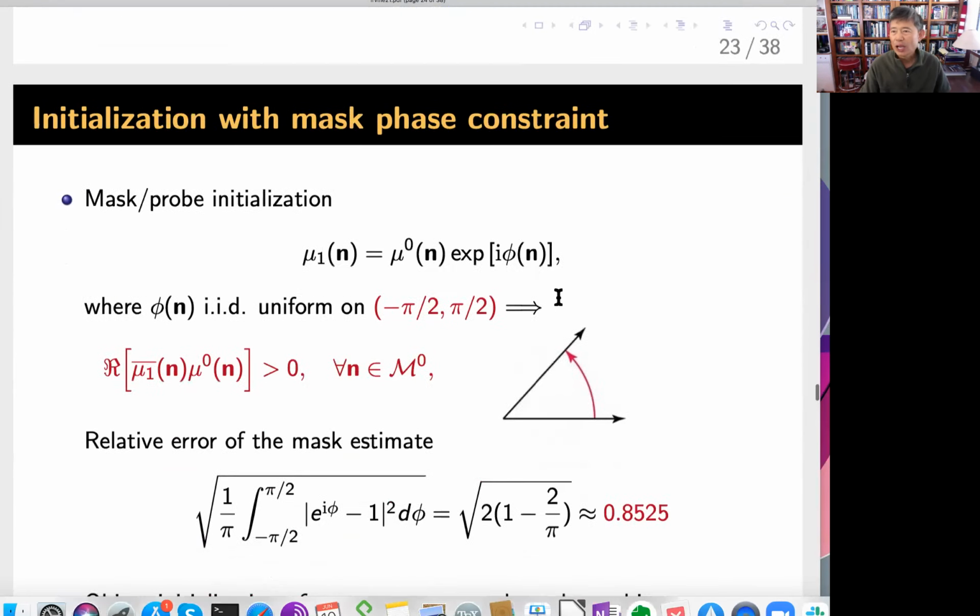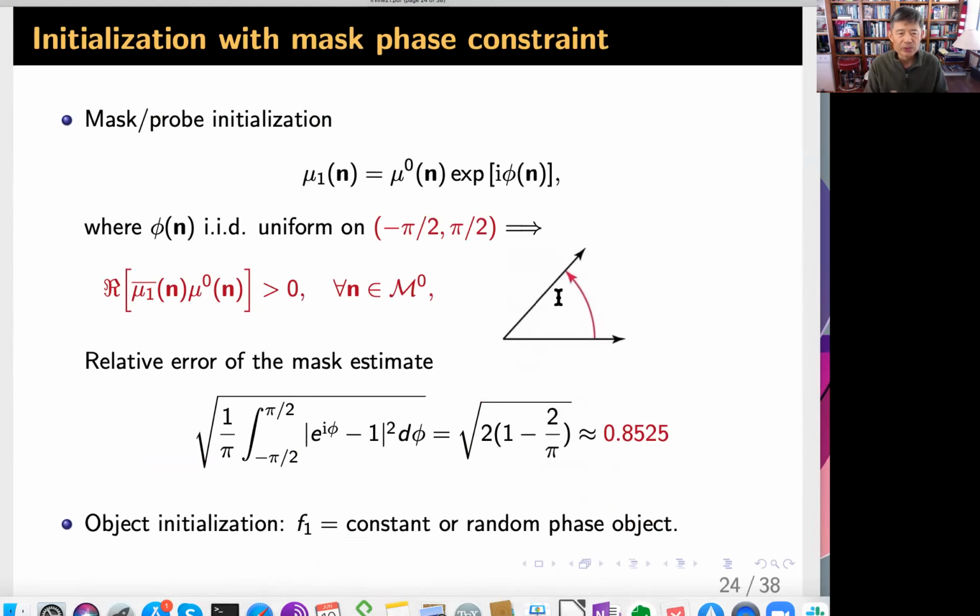So how do you use the theory? To use the theory is the probe initialization. Okay, we use this as a probe initialization, but this is speaking about practical matters. To this day we're still working on this.